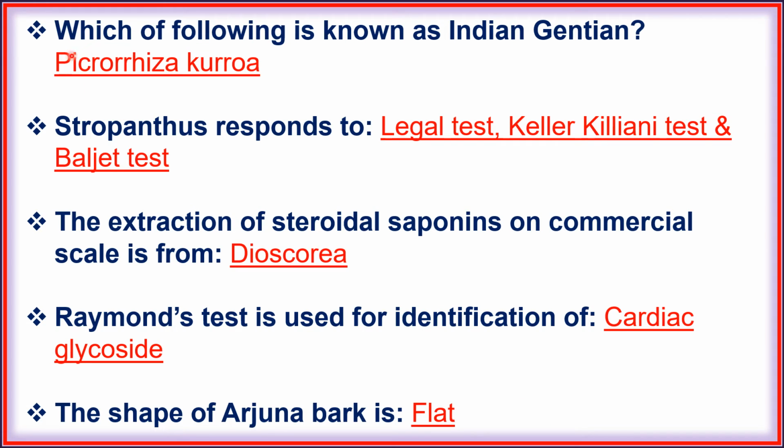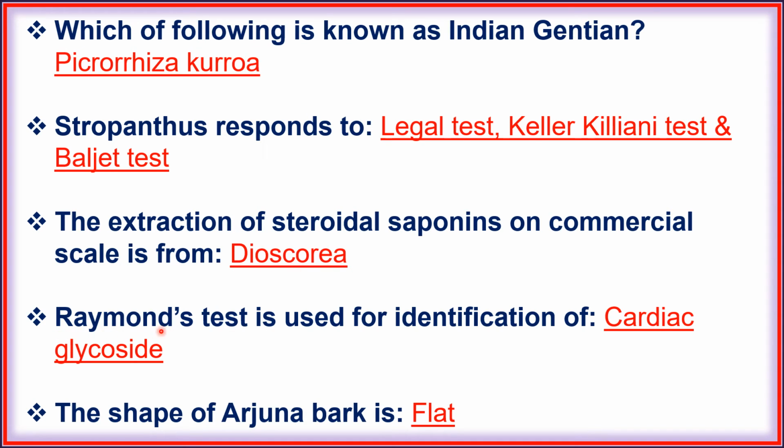Next, which of the following is known as Indian Gentian, that is Picrorhiza kurroa? Next, Strophanthus responds to Legal test, Keller-Kiliani test and Baljet test. Next, the extraction of steroidal saponin on commercial scale is from Dioscorea.